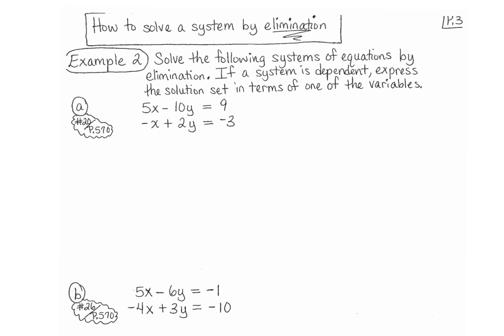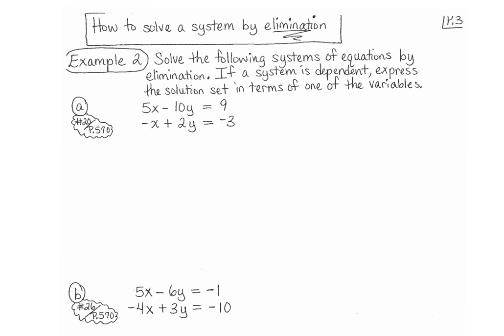But if it says solve by substitution, you have to use substitution. If it says solve by elimination, you solve by elimination. But if it just says solve the system, it's fair game for you to choose. What other questions do you have?